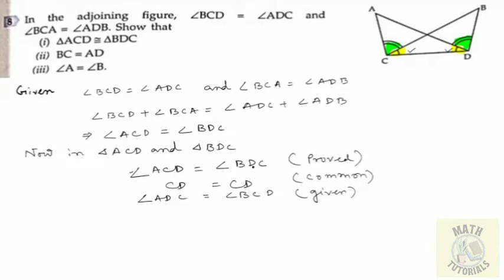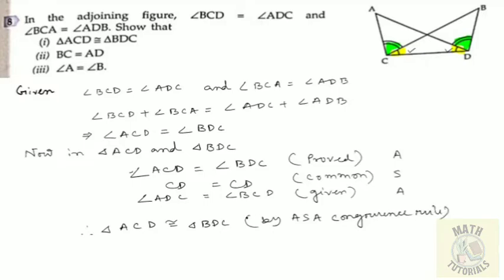Now you can see angle is equal to angle, side is equal to side, and angle is equal to angle. Therefore we write triangle ACD congruent to triangle BDC by the ASA congruence rule. Now we know that if two triangles are congruent, then their corresponding parts will be equal.